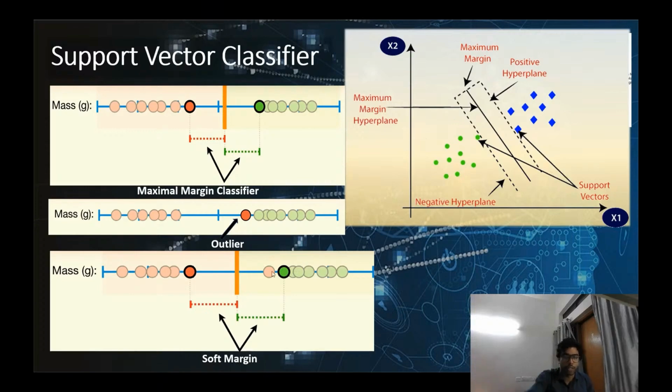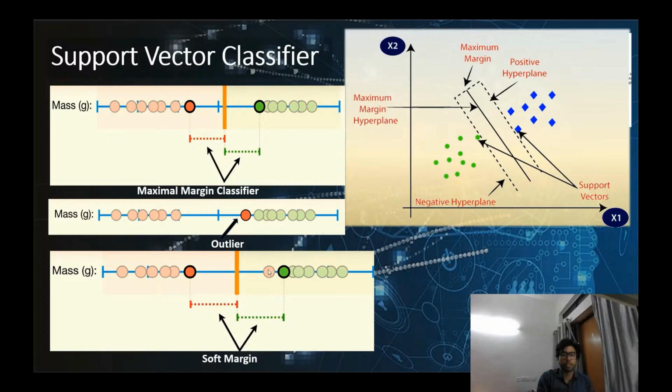By allowing one misclassification, you are just ignoring this red point, because although it is misclassified as per the new orange line, this will be classified as obese, but this is actually not obese.